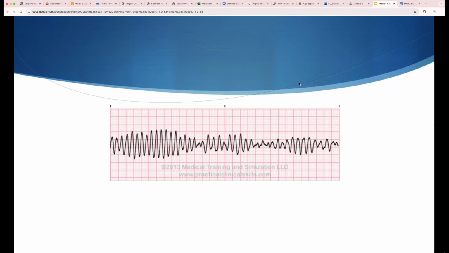And is it polymorphic or monomorphic? This is polymorphic.